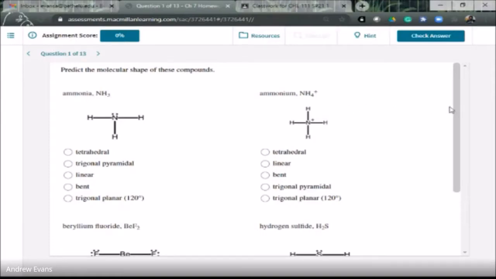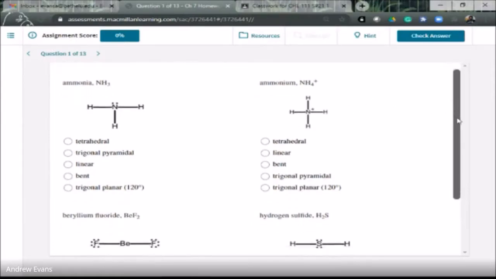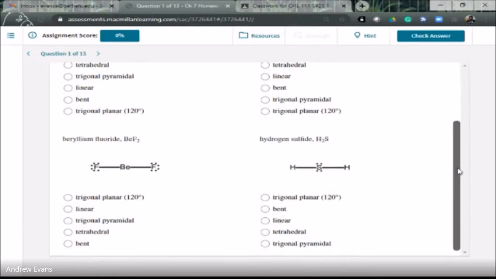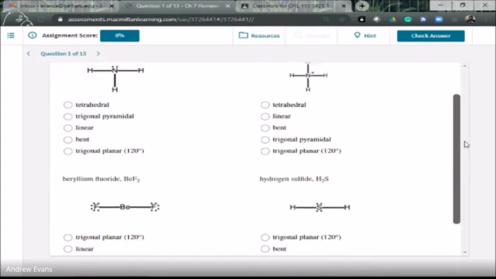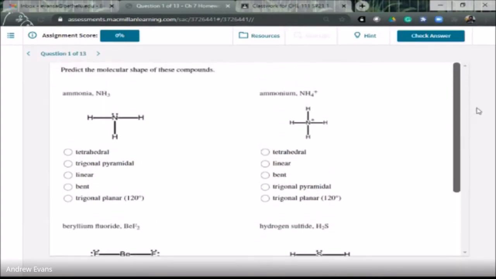So let's do at least one or two of these problems, because we'll have plenty of chances to look more at these when we go through some of the lab. What is the molecular geometry of ammonia? We look at how many electron domains we have: 1, 2, 3, 4. How many of them are lone pairs and how many are bonds?